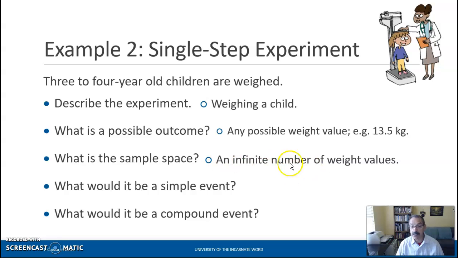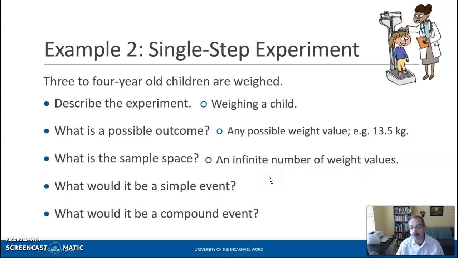Well, here I gave the answer right away because it's an infinite number of weight values. This scale maybe rounds to half a kilogram, but you could have another scale that gives you maybe thousandths of a kilogram. But you can see each child will have a slightly different weight, so you get many possible weight values. So the sample space, I claim, is an infinite number of weight values.